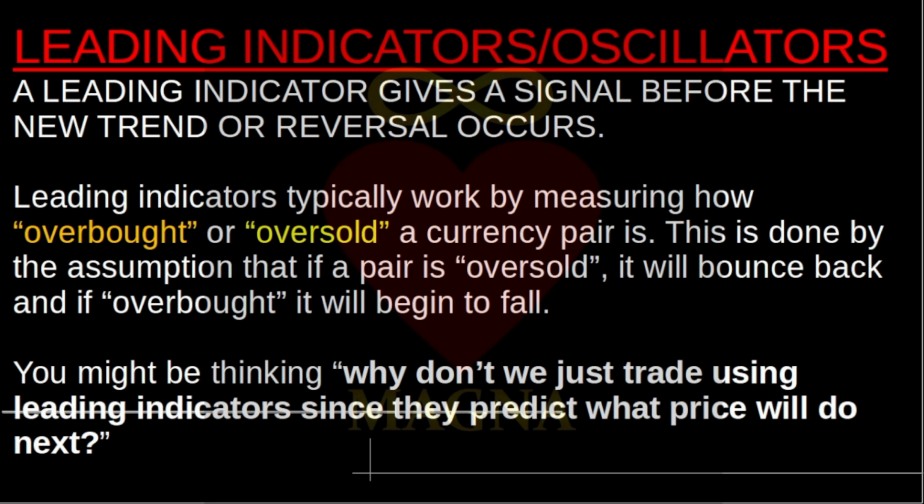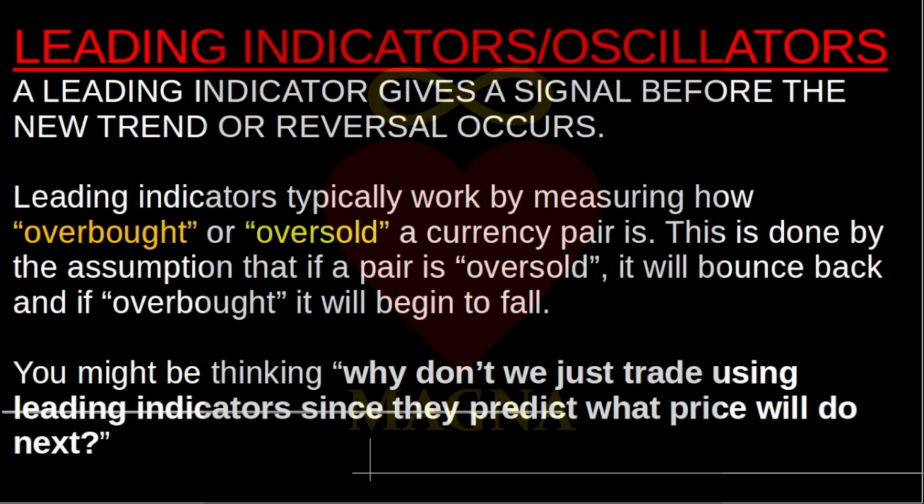You might be thinking, why don't we just trade using leading indicators since they predict what price will do next? Indicators are not always accurate, so a leading indicator may be indicating that price will reverse, but price may continue moving in that direction. This is why you need to have multiple confluences that will show you if a price is reversing or continuing.